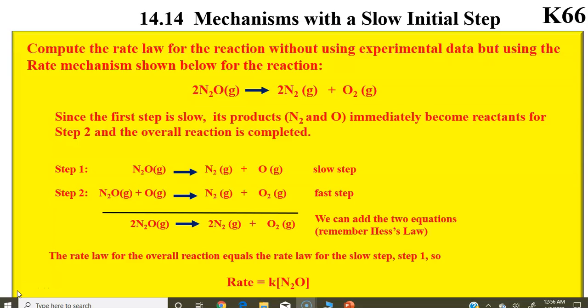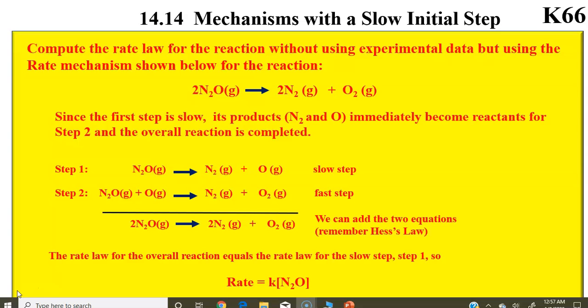The first step is the slower of the two steps. So as soon as step 1 produces its products N2 and O, they're immediately gobbled up by step 2, and the reactants of step 2 are N2O plus O, and they immediately go to products for step 2, and that's going to eventually produce the overall reaction.